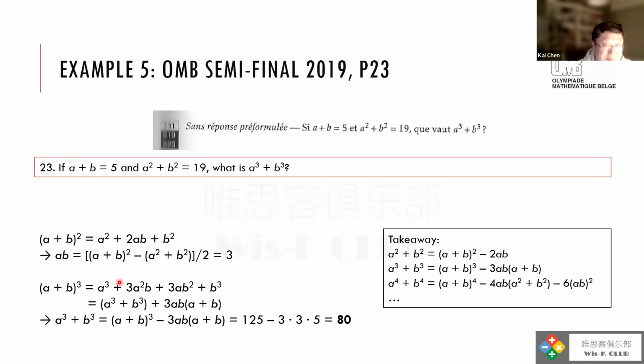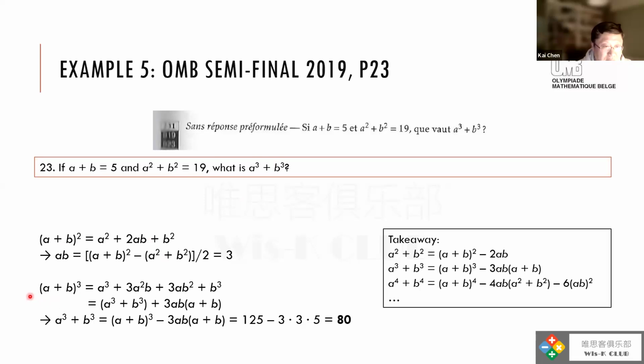Plus 2AB. So from here, we can find what AB is, because we know the sum, we know the sum of squares, and by this identity, we can calculate the product AB. The product of AB is 3. And then think about the sum of cubes.